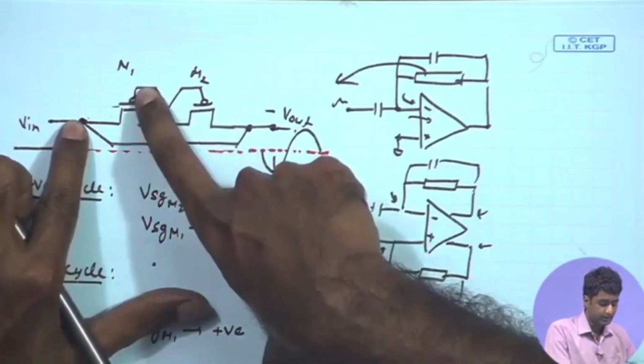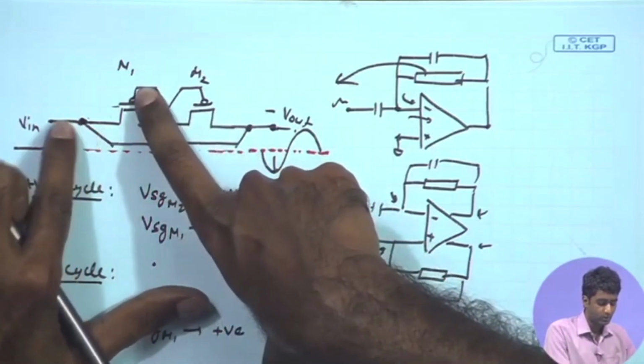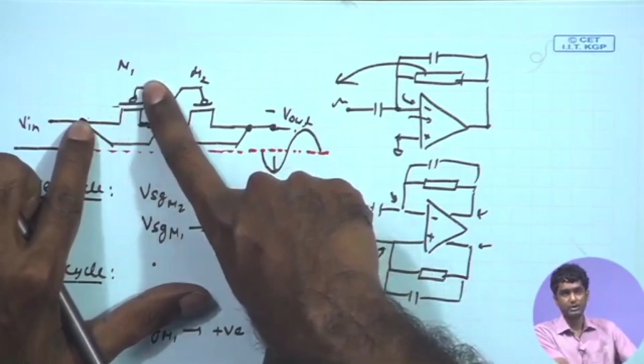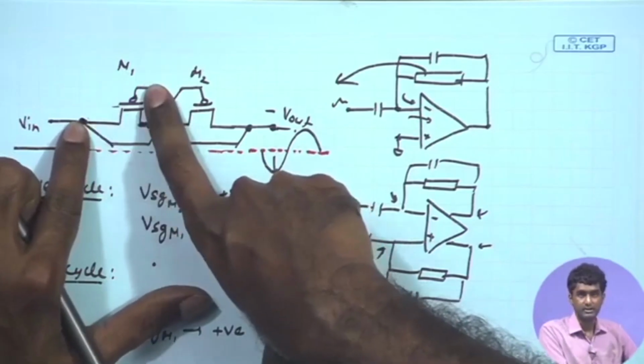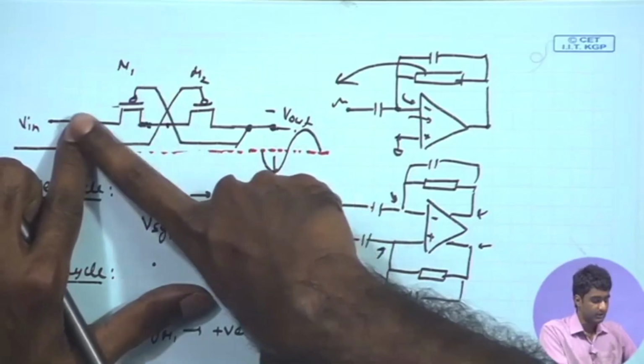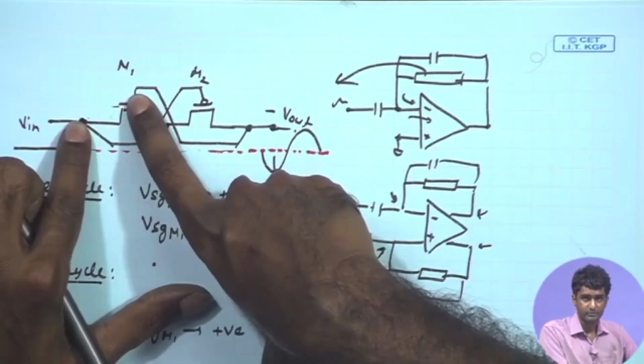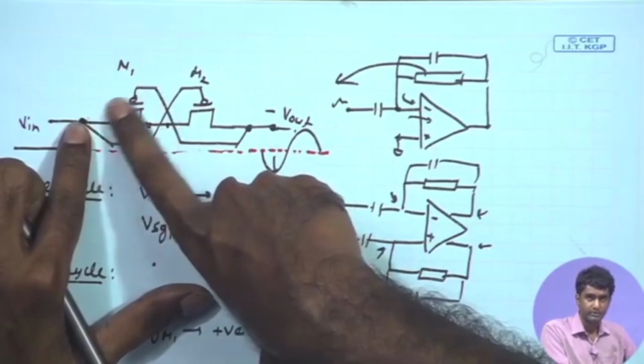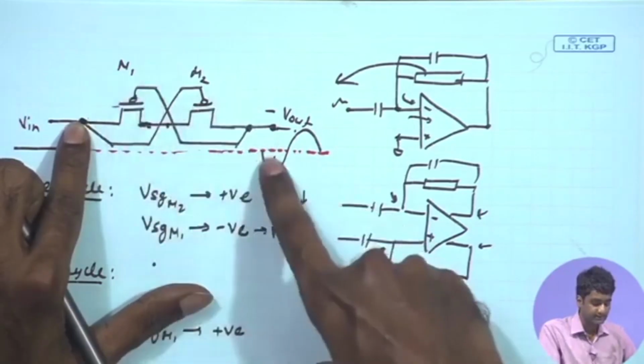As a result, the gate potential of M1 is getting lower than the source potential. Therefore, it will try to get on. It may not necessarily get on, because I am not saying that the VSG is greater than mod Vt of the PMOS, but still the VSG is positive. So, although it will still be in the subthreshold region, not completely on, its resistance will definitely be reducing as the signal is going down.